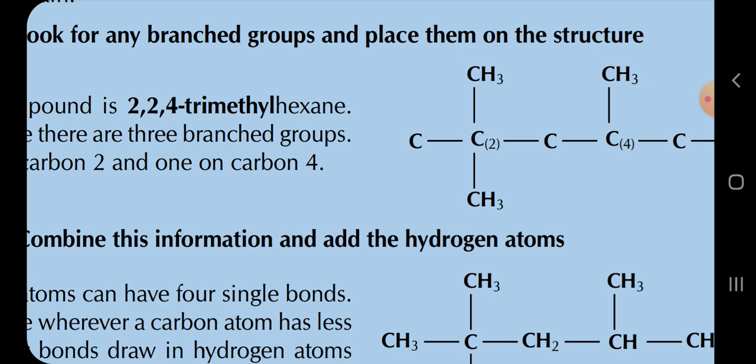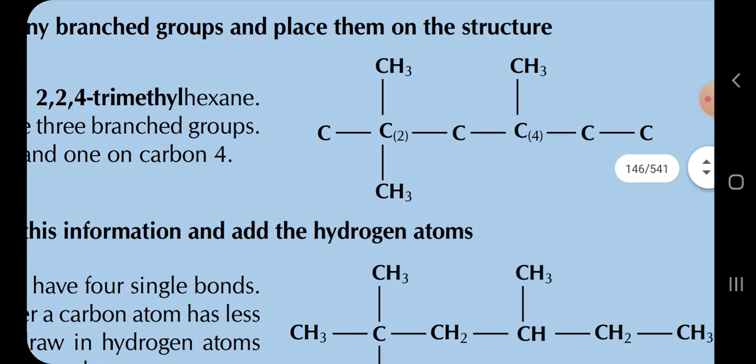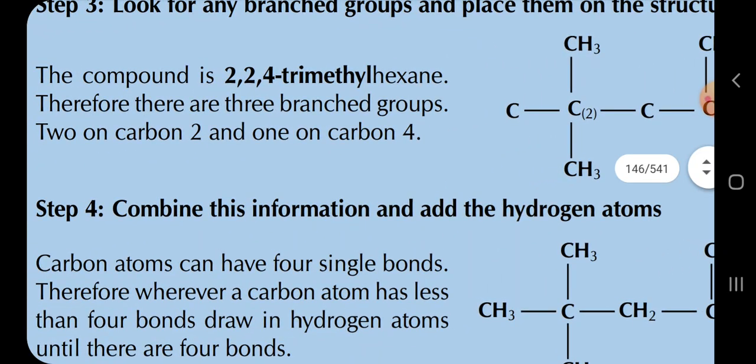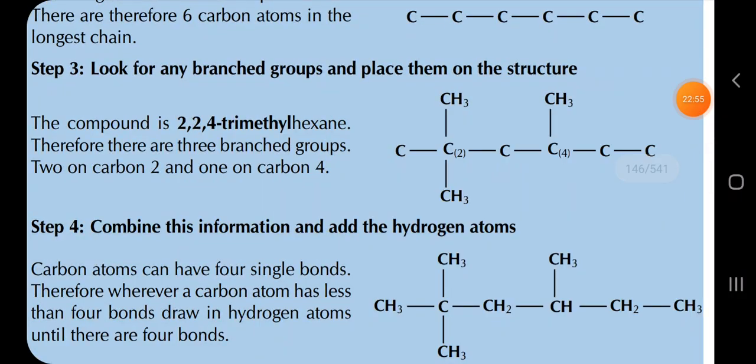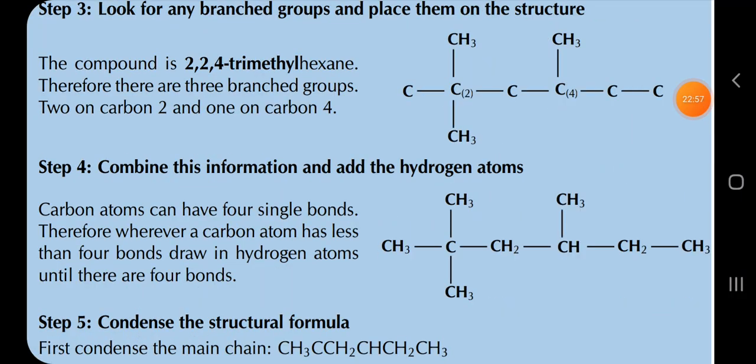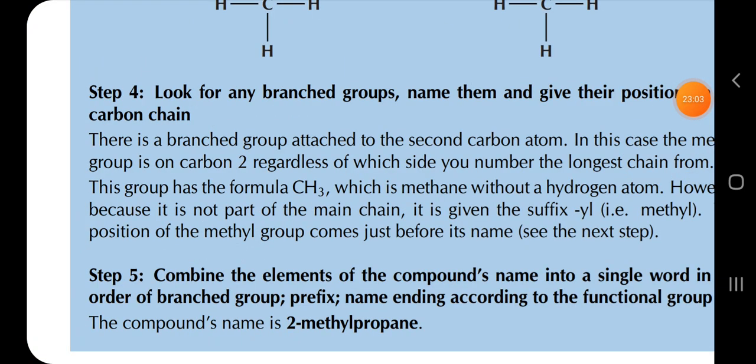Then the 4 means we also have a branch on the 4th carbon. So that's what the beginning numbers mean. It's trimethyl when we have 3 branches. Trimethyl for 3 branches, methyl for 1 branch.